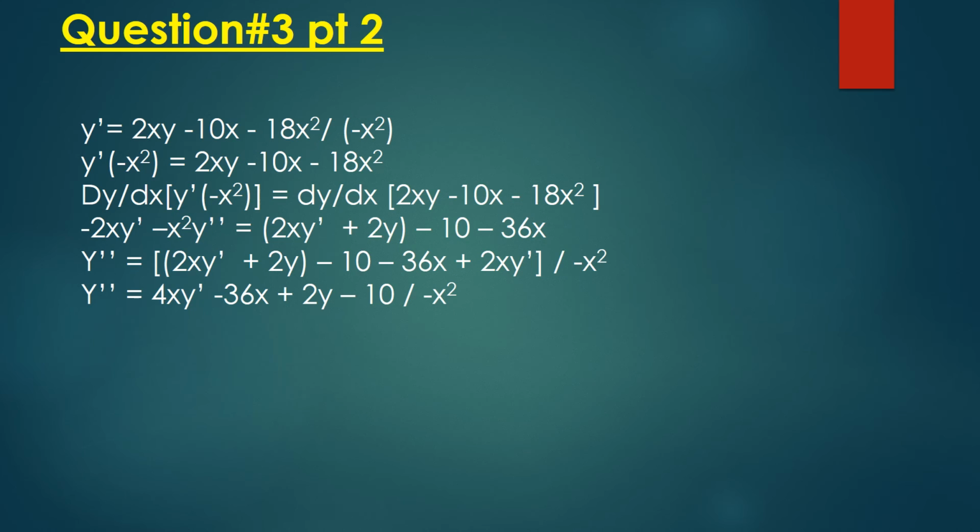So you want to bring the y double prime to one side, is equal to 2xy prime plus 2y minus 10 minus 36x plus 2xy prime divided by negative x squared. And you want to clean that up a little bit, and you get y double prime is equal to 4xy prime minus 36x plus 2y minus 10 over negative x squared.